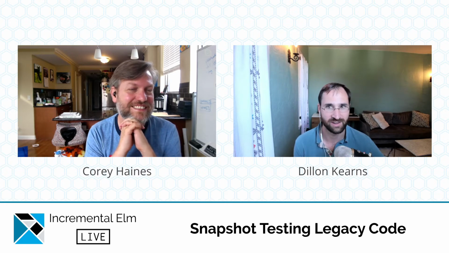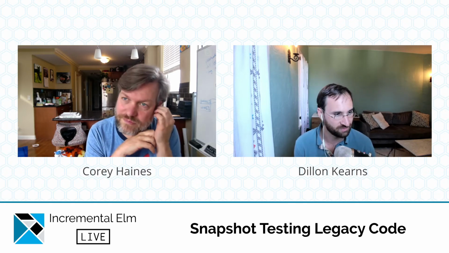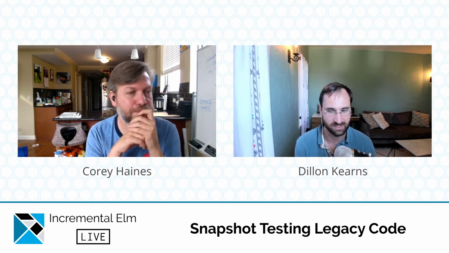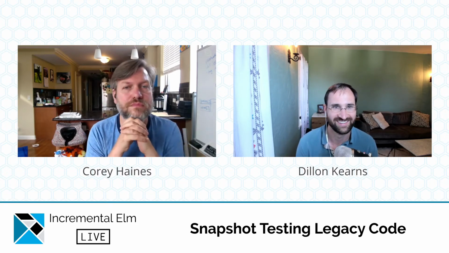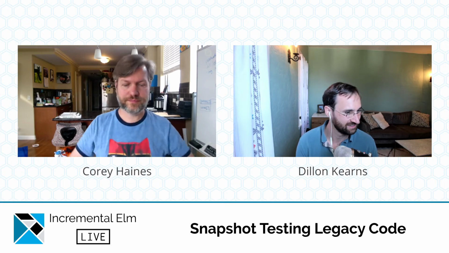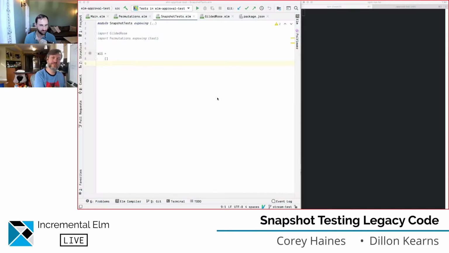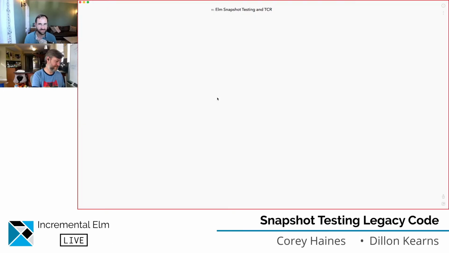So let's introduce a few of these concepts, maybe. First of all, let's actually share the screen real quick. And since we're dealing with a lot of different concepts today, let's just introduce a few things.